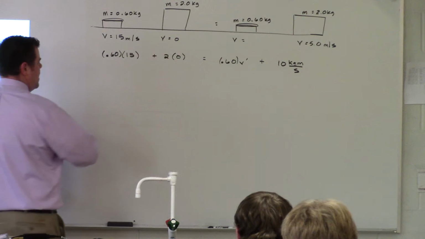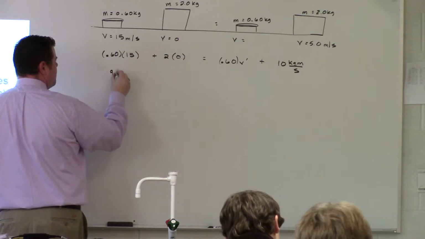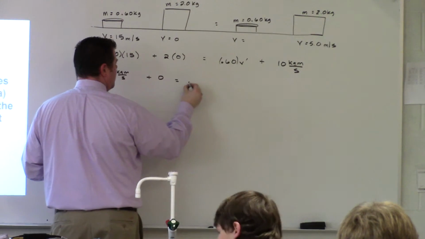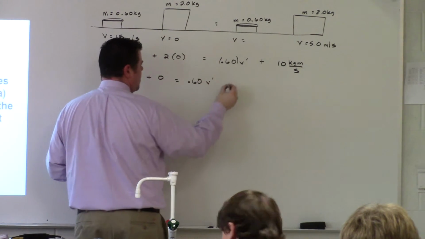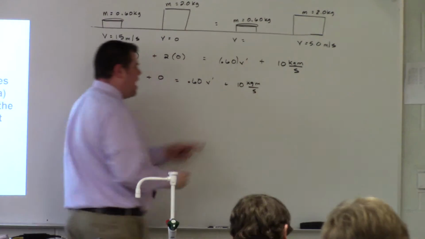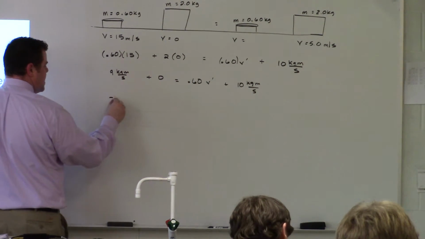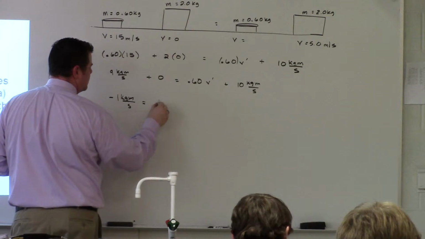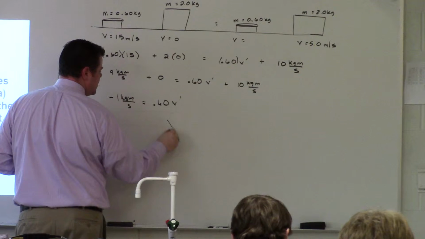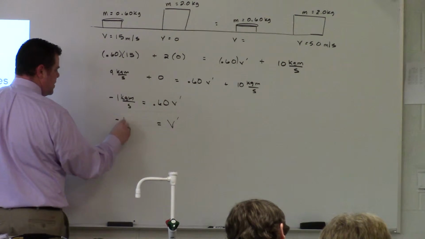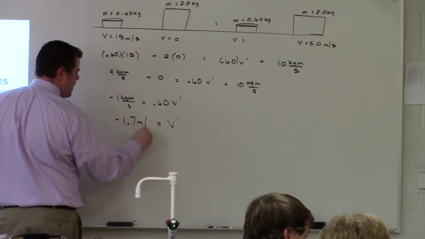So here we've got 9 kilogram meters per second plus 0, equals 0.6 v, just like we did before, plus 10 kilogram meters per second. So now when we subtract 10 from both sides, we get a negative 1 kilogram meter per second. And so our final velocity, when we divide negative 1 by 0.6, is negative 1.7 meters per second.